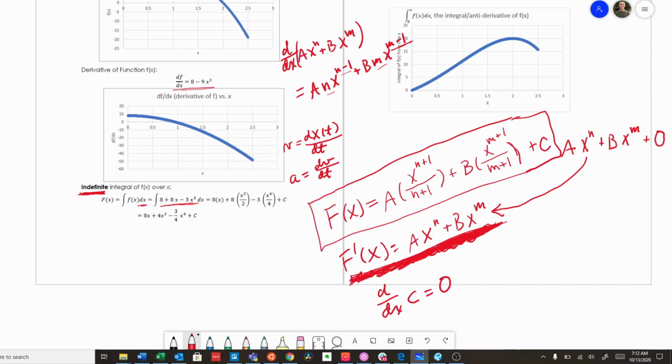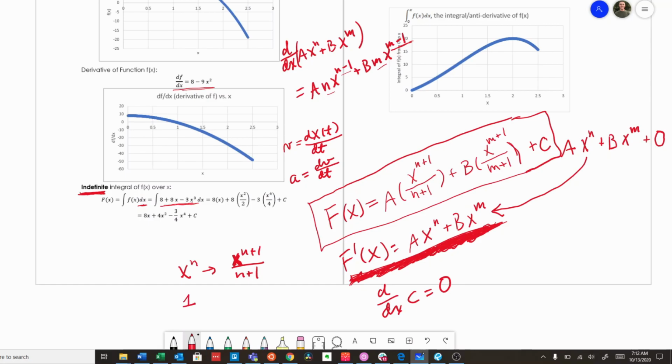8 times, so here you have a constant multiple, 8 times 1 is a good way to think about it. So in this terms where x to the n becomes x to the n plus 1 over n plus 1, right? If n is 0, which is the case where we have with 1, right?